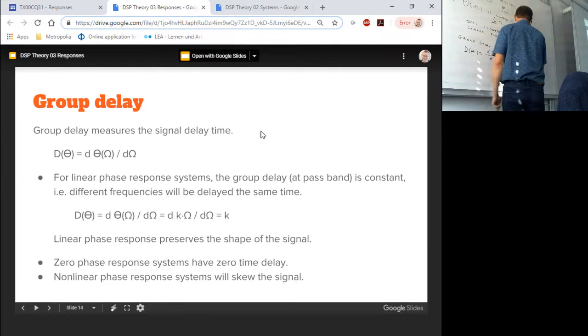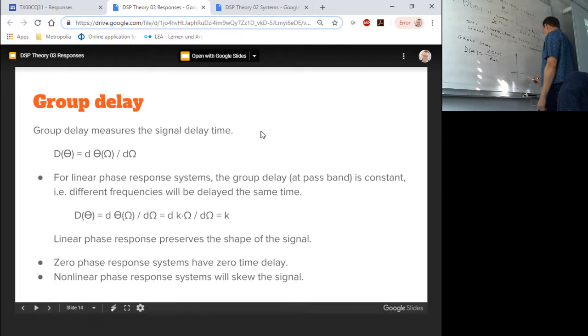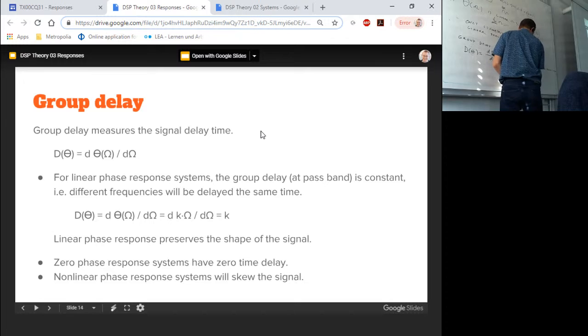Group delay actually tells you exactly in time. For a linear phase shift, it is not time on this axis, that's the frequency, and then we have the constant. What is the constant? T0.